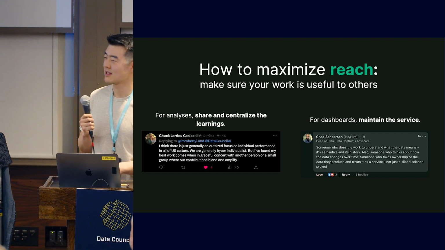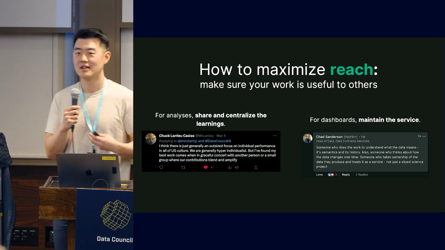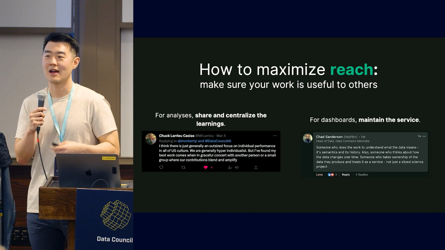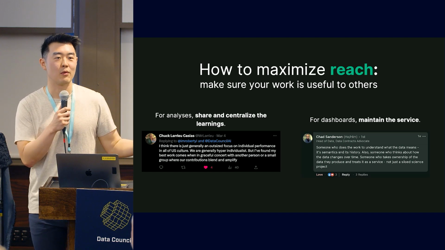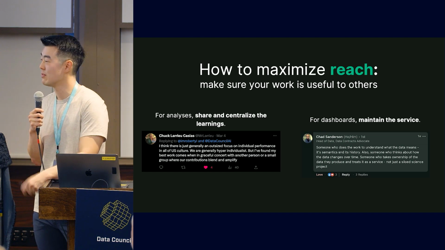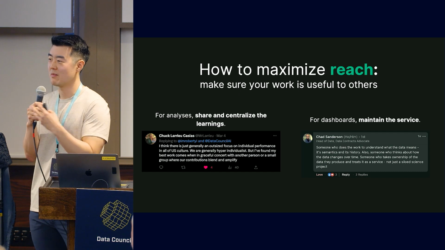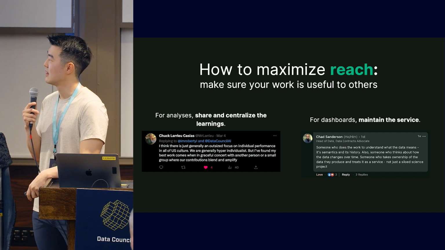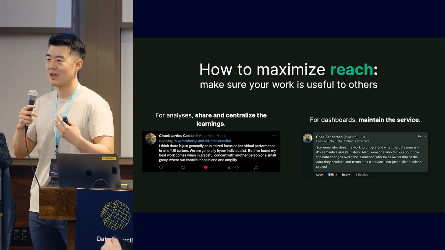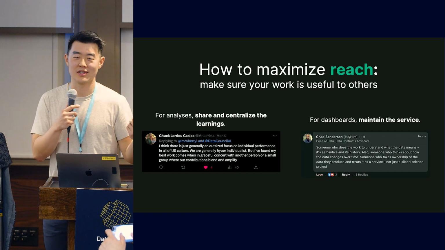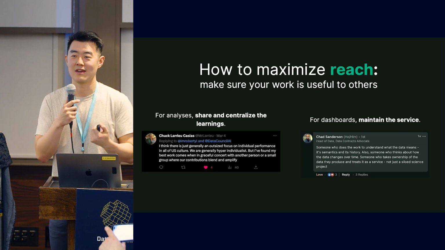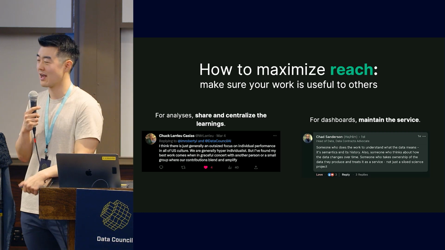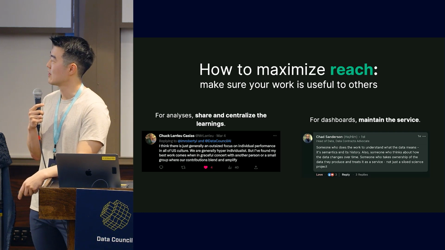I love this because I think we don't all internalize how much of an impact just disseminating our work, evangelizing our work, sharing it with others, inspiring other people can actually help. We basically have this network of people, and if you were to just get one other person to have the same lift that you did, then obviously if everyone were to do that, there's an exponential increase, right, in your value.